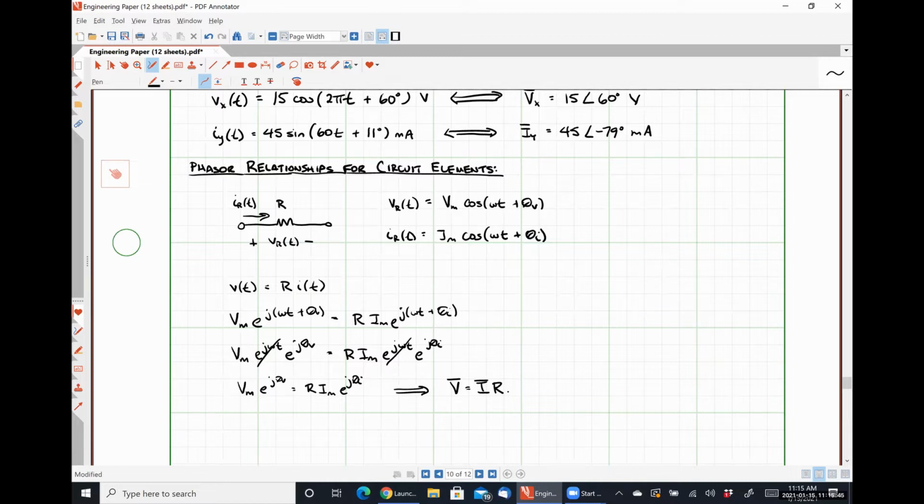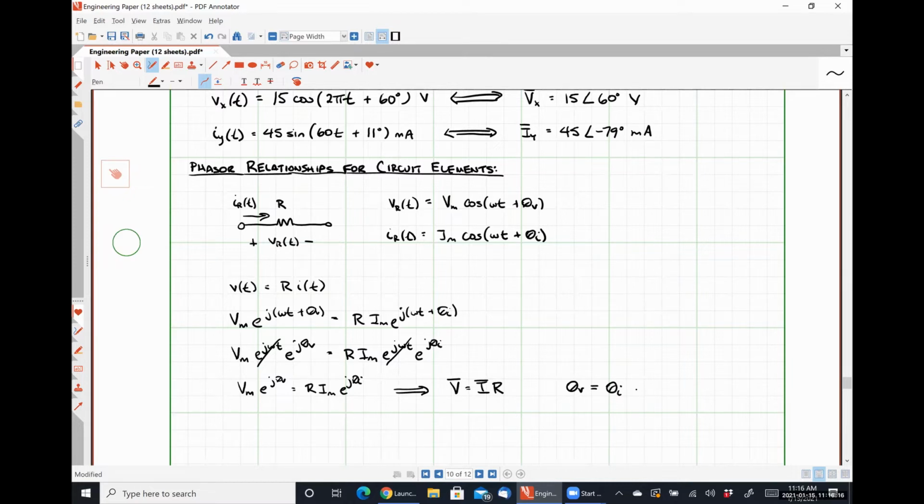Another thing that we can infer from this relationship is that θv has to be exactly equal to θI, right? We have complex numbers on both sides of the equal sign. So the magnitude of the left-hand side has to equal the magnitude of the right-hand side, and the phase angle of the left-hand side has to equal the phase angle of the right-hand side as well.